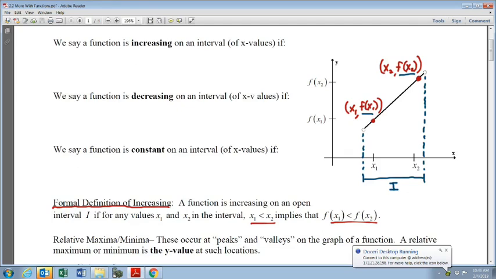So in this interval, if you pick any two values where x sub 1 is less than x sub 2, then it's always going to be the case that f of x sub 1 is less than f of x sub 2. And so this is a way that we can formally indicate when a function's increasing on an interval. So you'd have a similar type of definition for decreasing and constant.